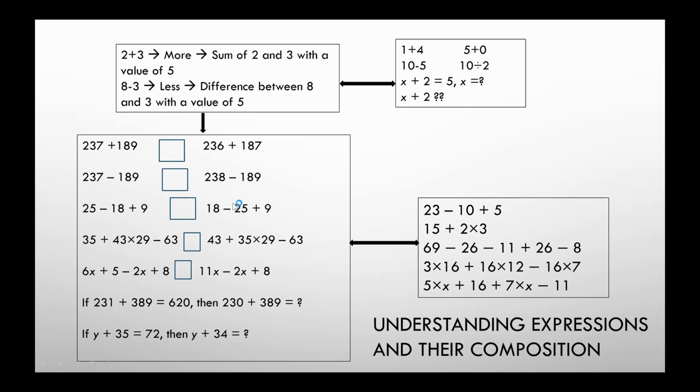We had defined terms in certain ways, and I would give you examples of how we defined this term in very user-friendly ways. They also had to solve or simplify expressions of these kinds: 23 minus 10 plus 5, or 13 times 16 plus 16 times 12 minus 16 times 7.